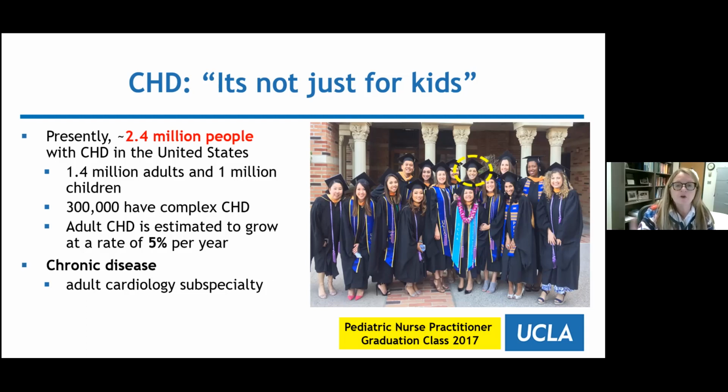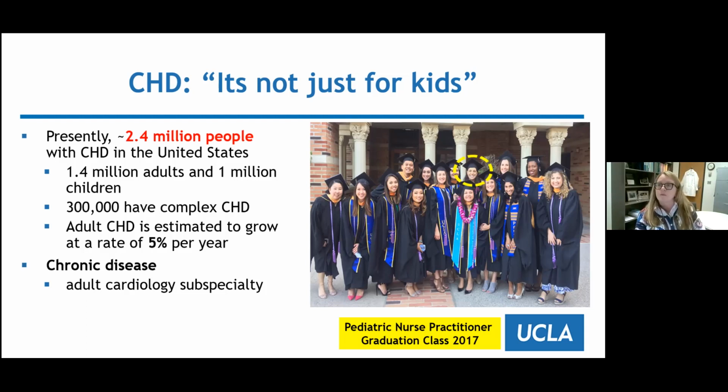And why am I showing you a picture on the right-hand side of the screen here of our pediatric nurse practitioner graduation class of 2017? It's because the girl that's highlighted there in yellow was one of my former students here at the School of Nursing, and she has complex congenital heart disease, and she was born with a single ventricle where most of us have two.